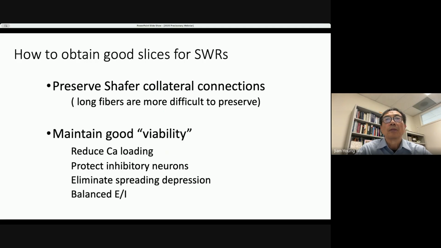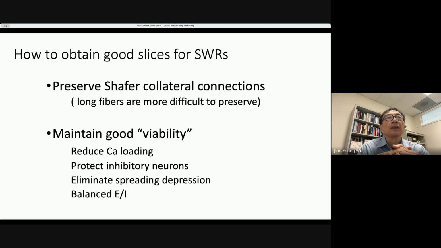So I won't repeat those particular procedures, like particular solutions, NMDG, and antioxidant solutions for preserving the tissue, and the several temperatures for slice recovery. I will emphasize a little more the mechanical side of how to preserve Schaffer collateral connections.